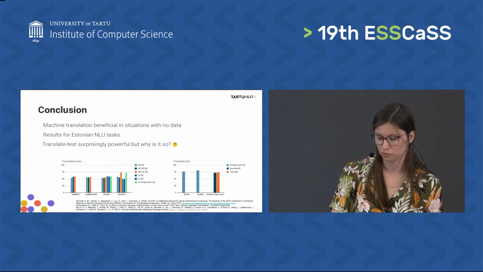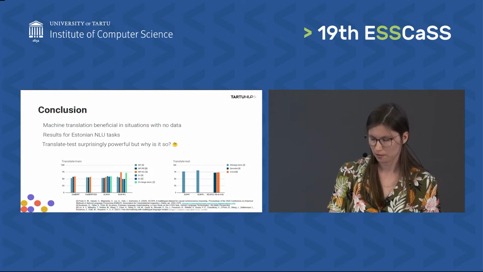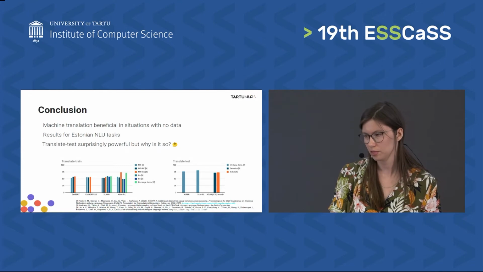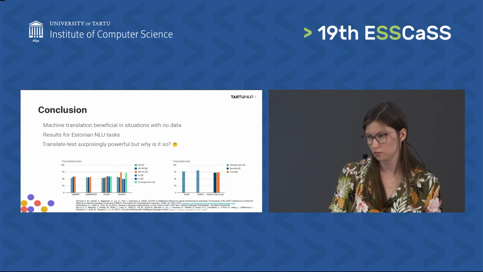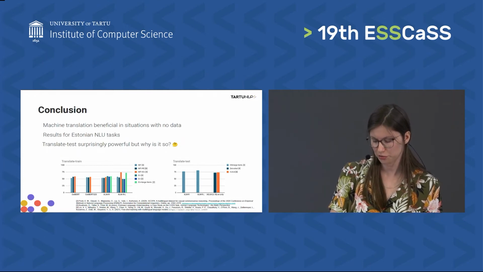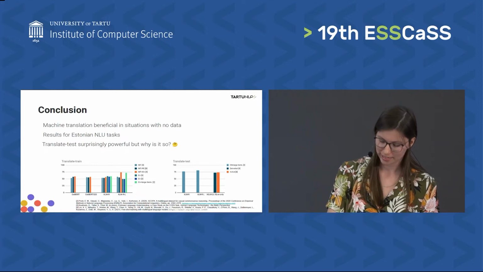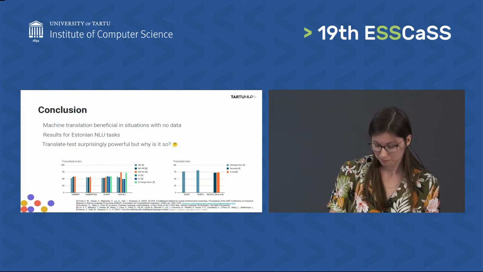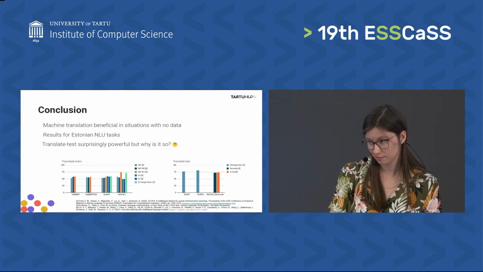And thirdly, what's a bit worrying, or maybe not actually worrying, that's how you look at it or who you are, whether you are a machine translation researcher or natural language understanding researcher, is that translate test is a very strong baseline to beat. Why is it so? And is it true with every dataset? That's a question for the future.